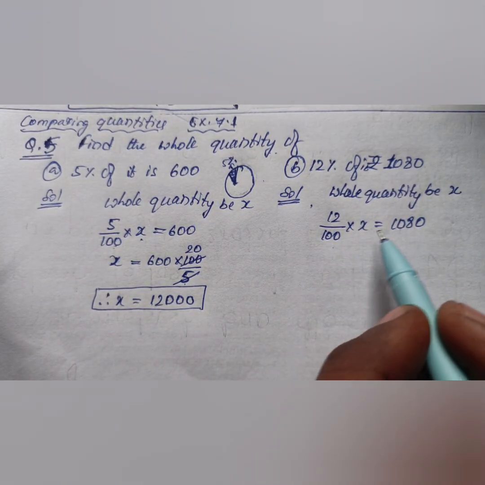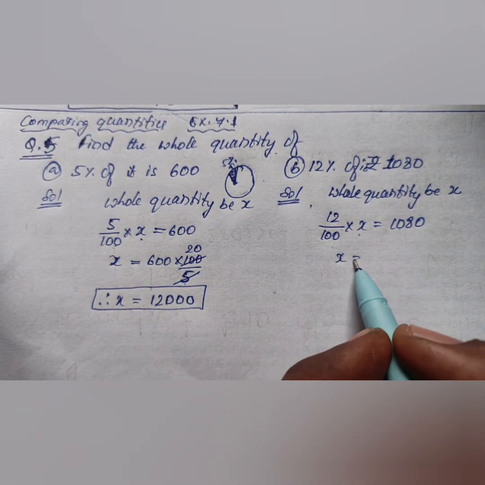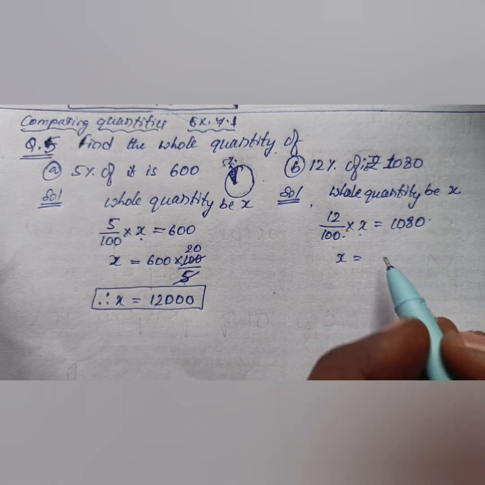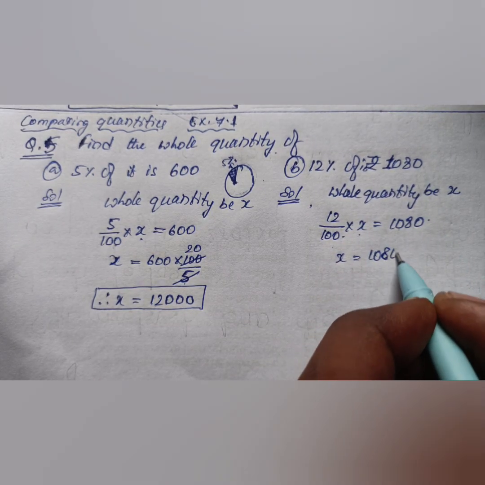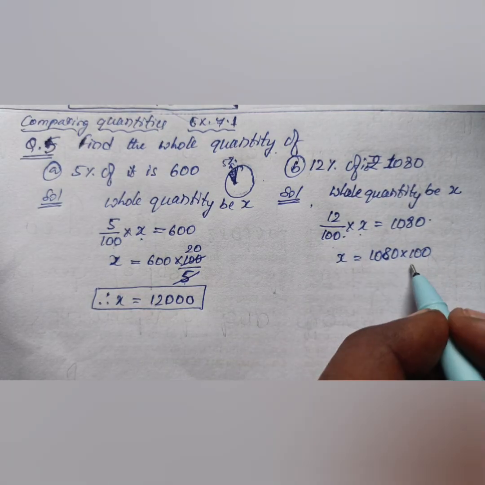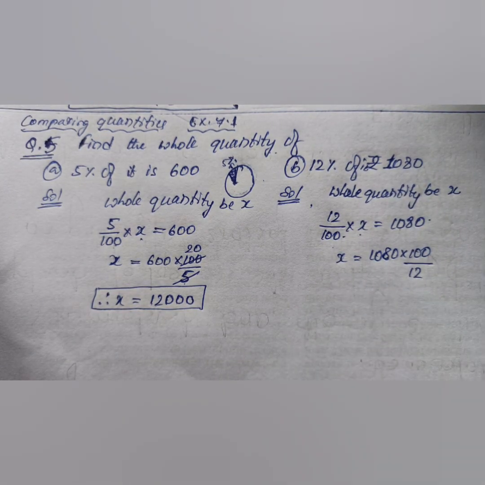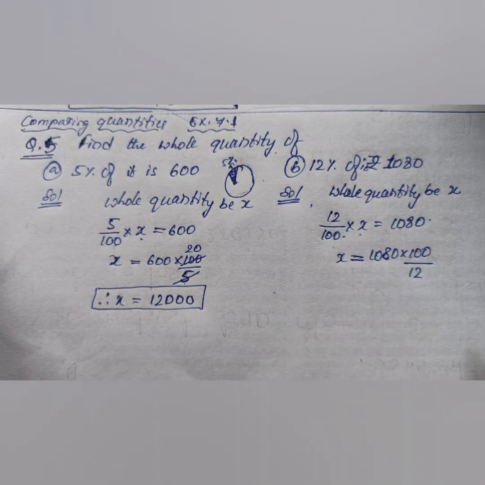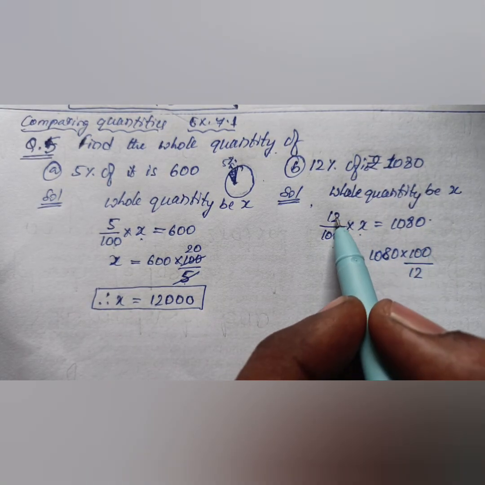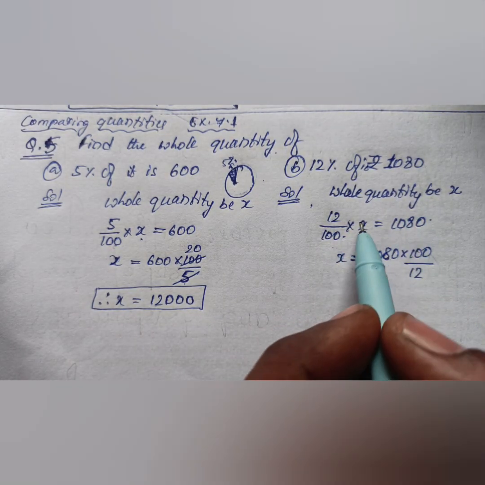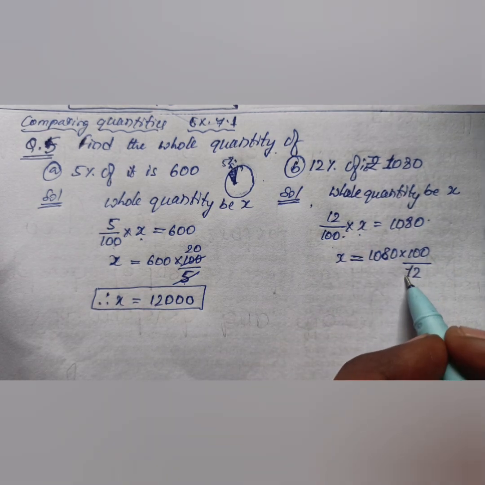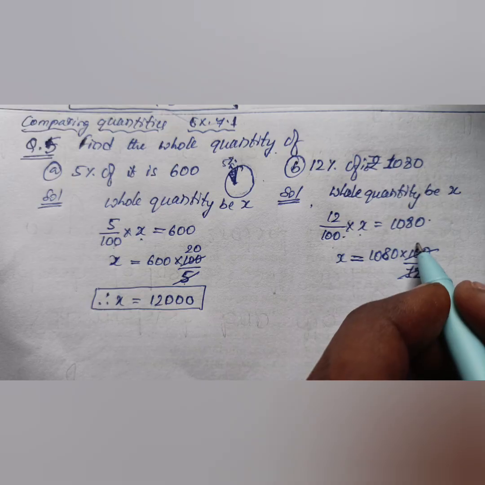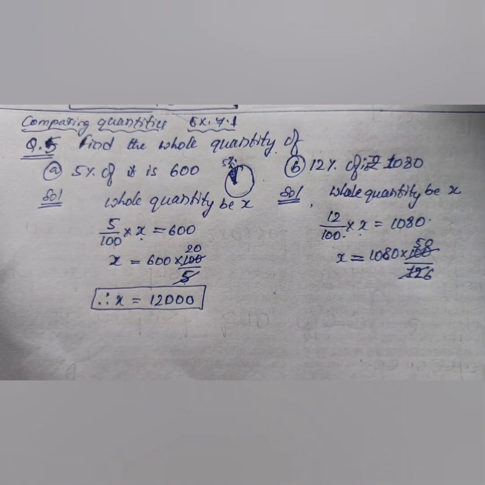Now we need to find out x. Let's keep x this side, send 12 that side and 100 that side. 100 is in the denominator, if it goes that side it will become numerator. 12 becomes denominator when you send it this side. Because it is a multiplication, this will become the denominator and this will become the numerator.